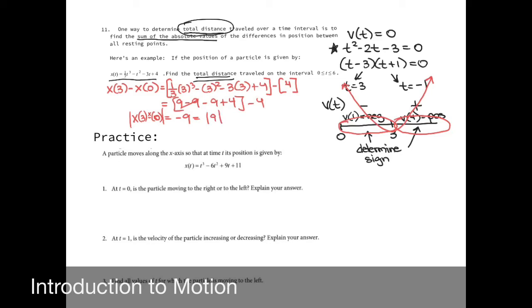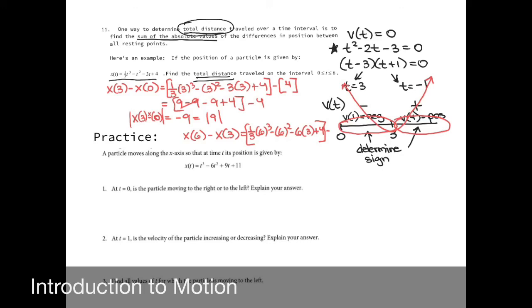Now let's look at the change in position from x of 3 to x of 6. Okay, and so this change in position would be 1/3 times 6 cubed, oh dear, minus 6 squared minus 3 times 6 plus 4. Now I just found the value of x of 3, and I said x of 3 was negative 9.